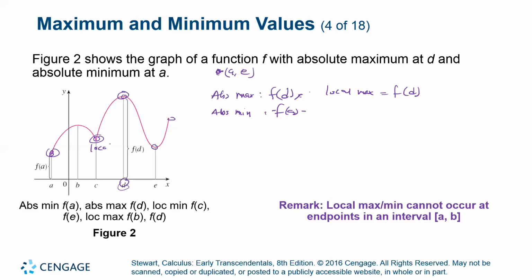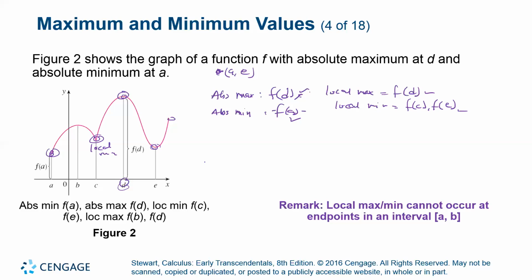And at e, we also have a local minimum here. So the local minimums are the values f of c, f of e. So we have absolute maximum, absolute min, and then local maximum and local min.